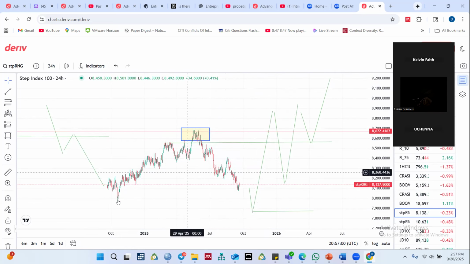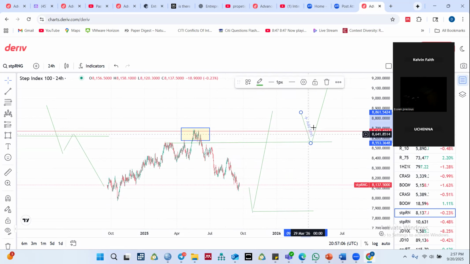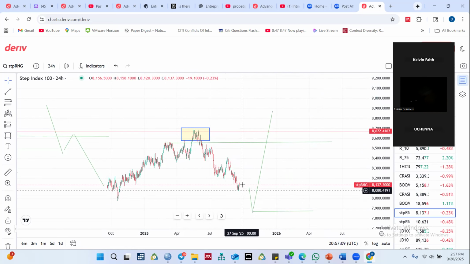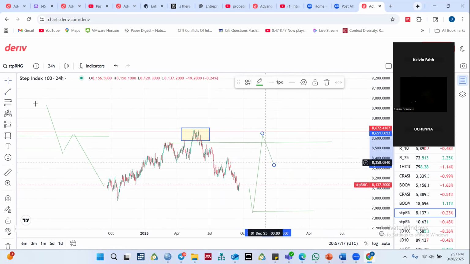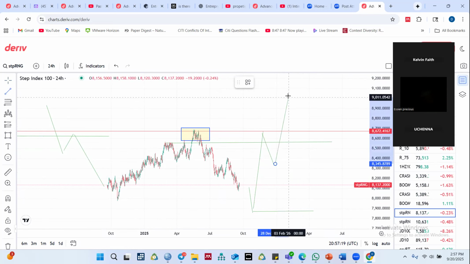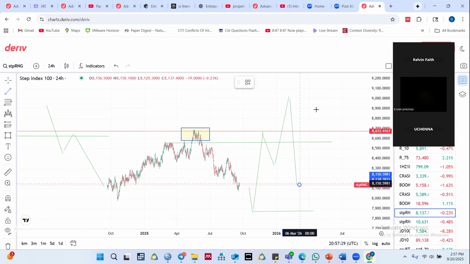Or let's say price drops to here and gives us another bottom, and then pushes up to the neckline here and probably drops and then goes up. Then we might see this as a double bottom, maybe come back again as an M and still go up.